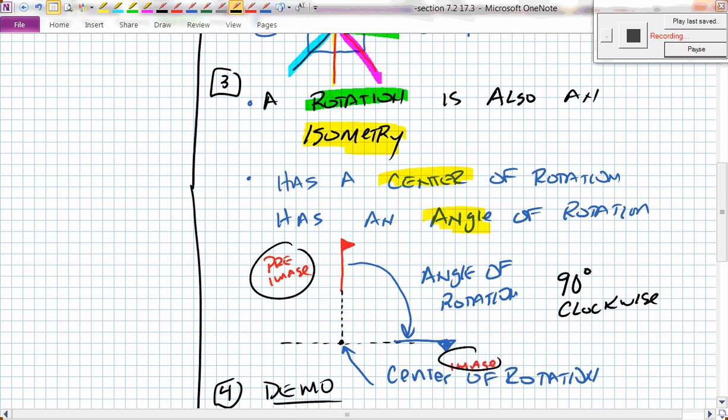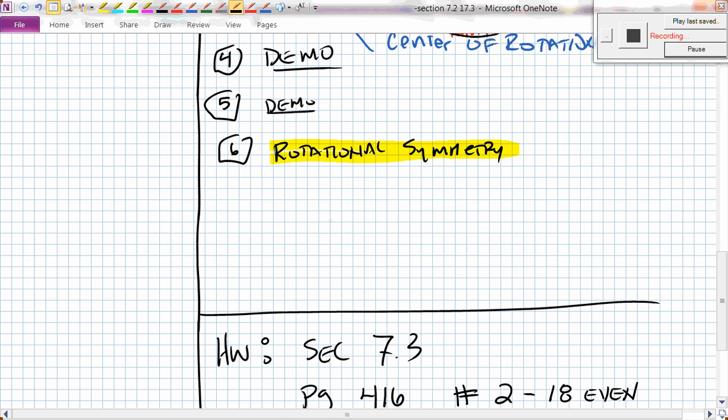Okay, last idea: rotational symmetry. If I draw a box, just as an example, and highlight one corner, this is 0 degrees rotated. If I rotate that box 45 degrees, it would look something like this. But what happens if I rotate it 90 degrees? The side line would be over here.